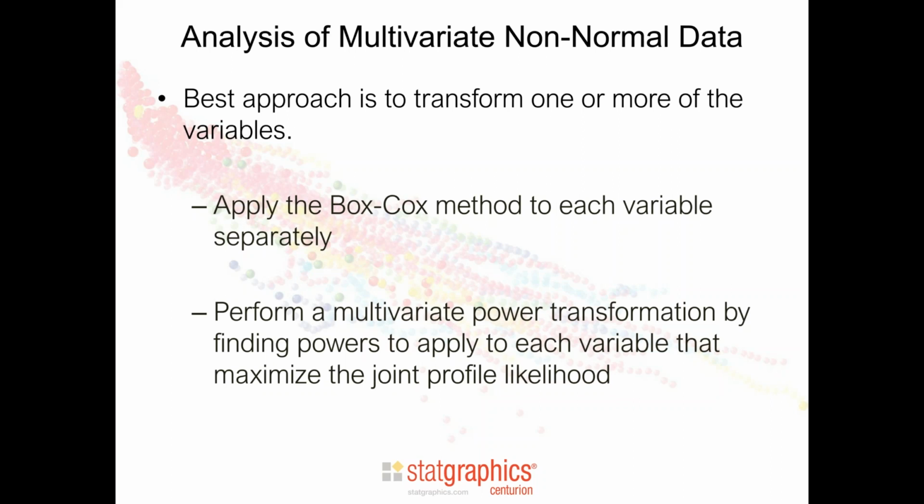We can do the Box-Cox method similarly: look at diameter, try to normalize it, look at strength, and try to normalize it. There's also a multivariate power transformation, however, which will find jointly the best powers of all the variables that maximize the joint profile likelihood.